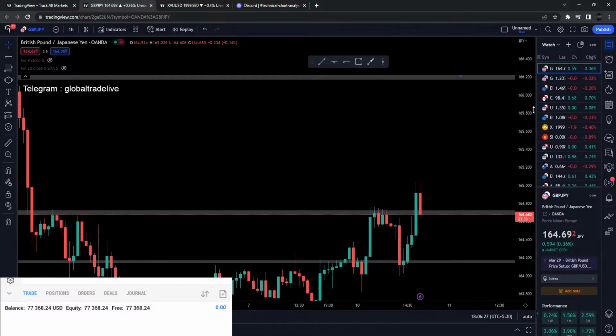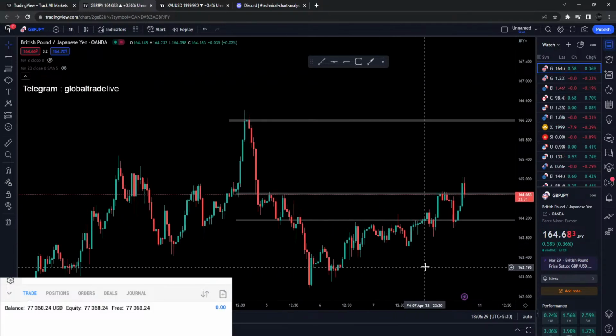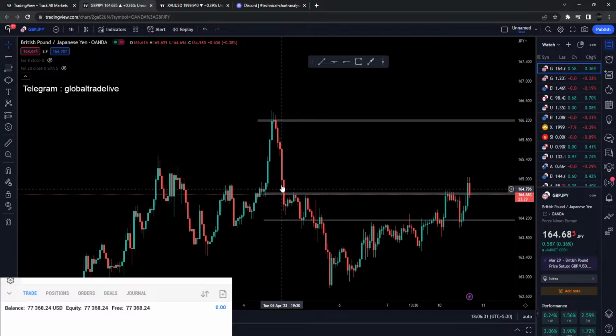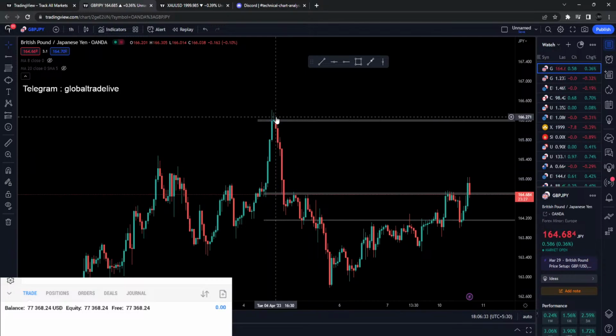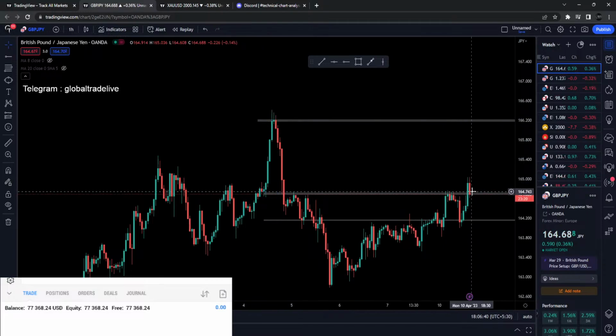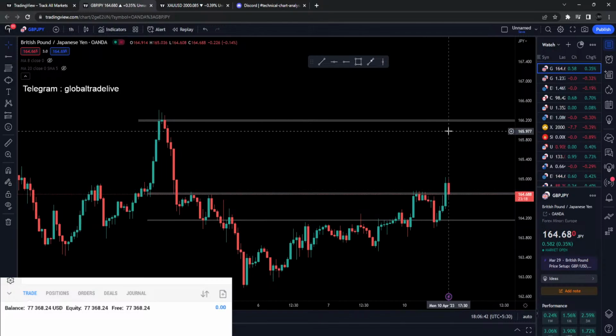Because I really think GBP will be moving up and correct this move over here. No, actually this move was corrected by this move. Yeah, but I really think that it's gonna move all the way up to 166.251.